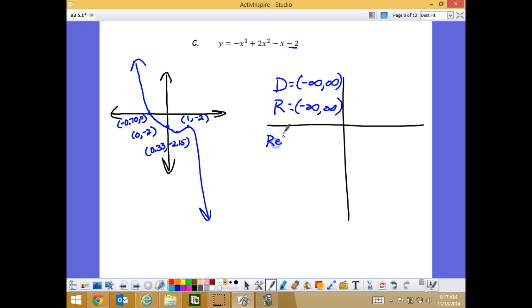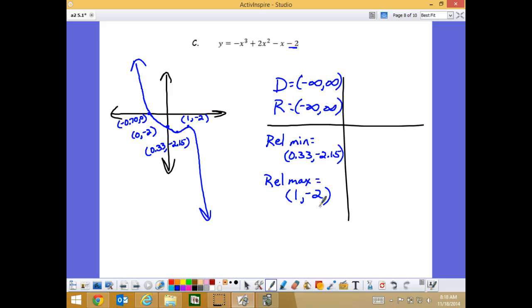We have a relative minimum, one of those, at this point. So 0.33, -2.15. And we also have a relative max at the point 1, -2.